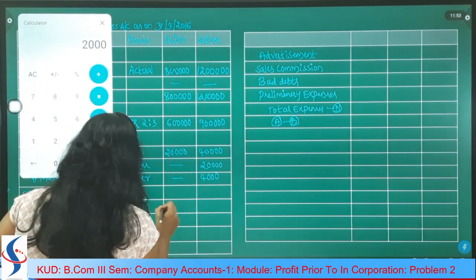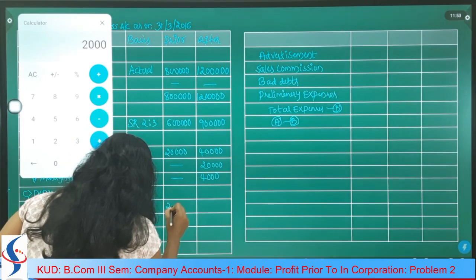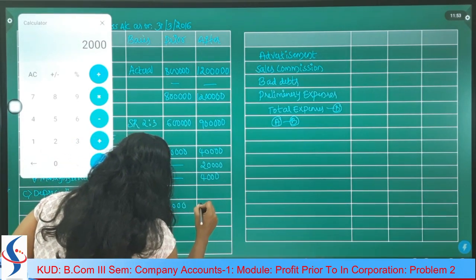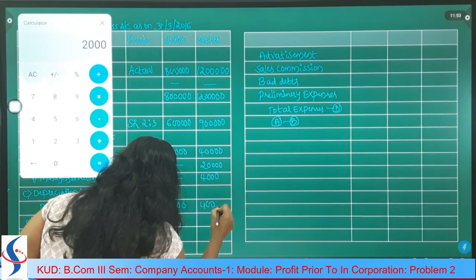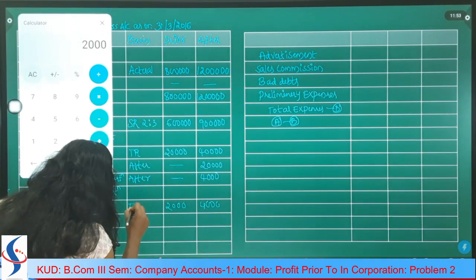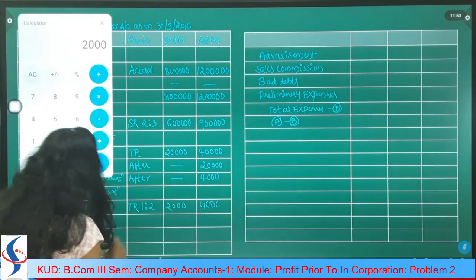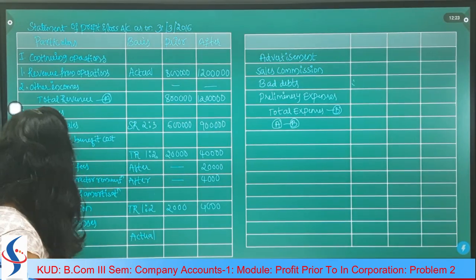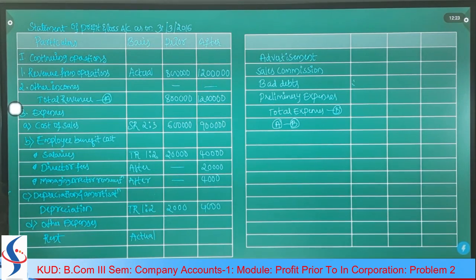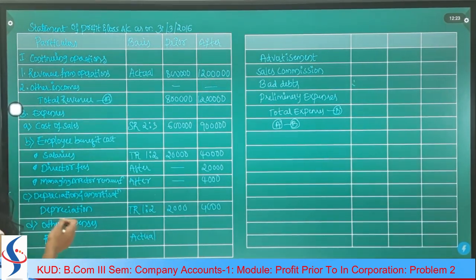It is 2,000. 6,000 minus 2,000 will be 4,000. Which ratio is it? Time ratio. What is your time ratio? 1:2. After depreciation, we'll move on to the next item, that is other expenses.